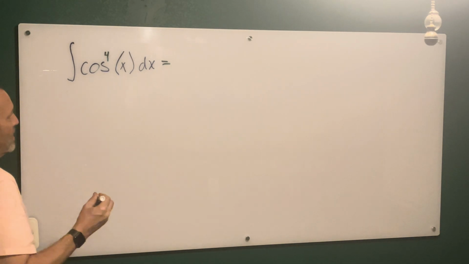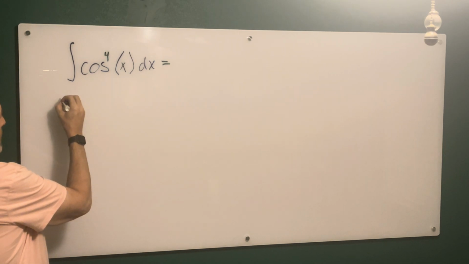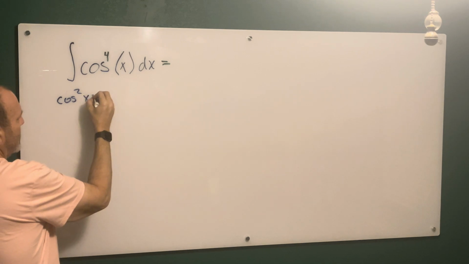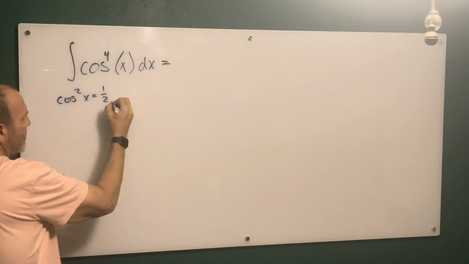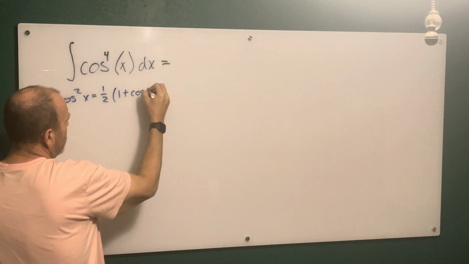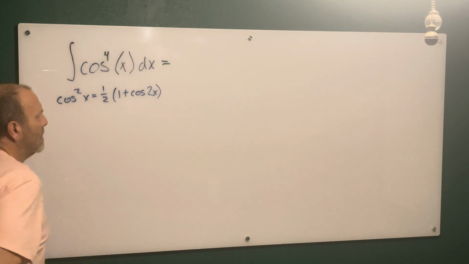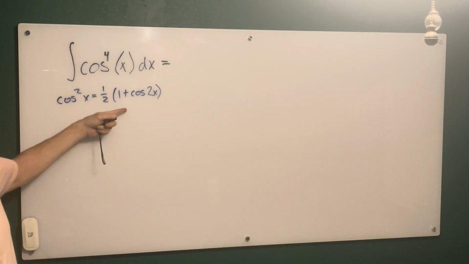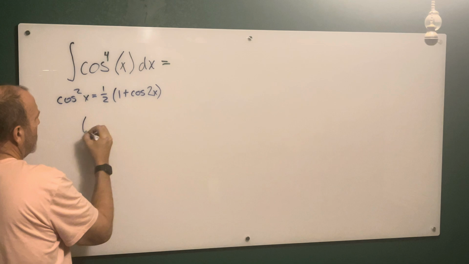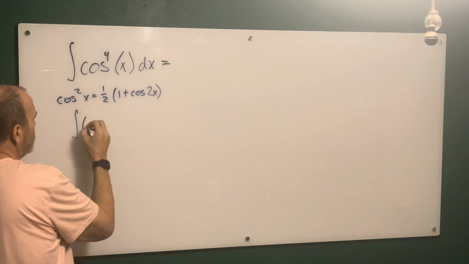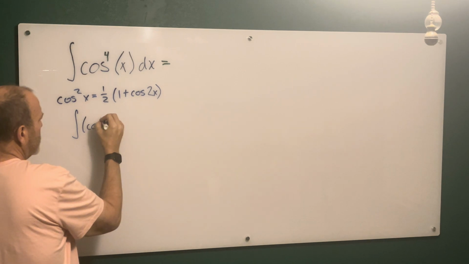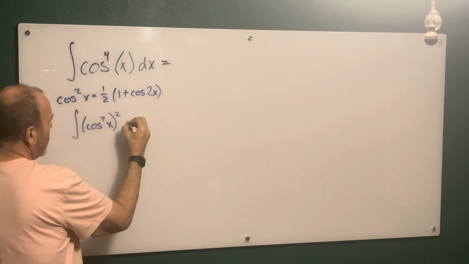Well, there was also a different one that we had, and that was that cosine squared of x equals 1/2 times 1 plus cosine of 2x. So if we use this method right here, then we can think of this integral as the integral of cosine of x squared, squared.